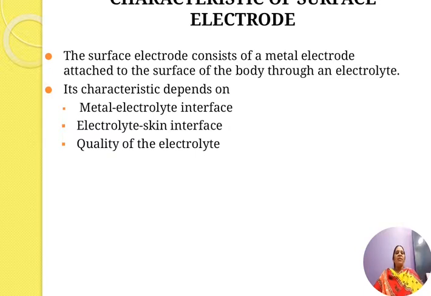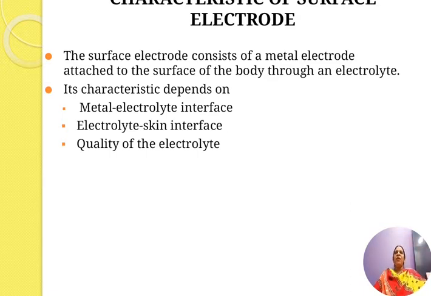Its characteristics depend on the metal electrolyte interface, the electrolyte skin interface, and the quality of the electrolyte. So the characteristic of a surface electrode depends on the metal and electrolyte interface. Between the metal and the skin, you have the electrolyte or the gel, so that interface will be there.